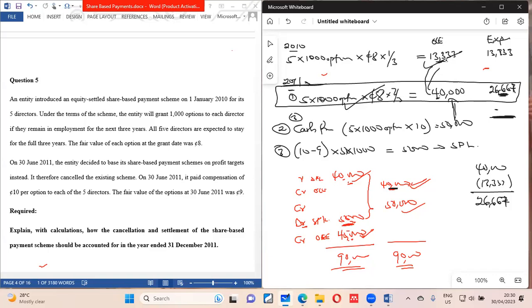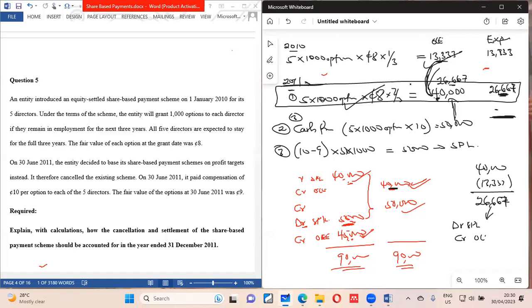But even with this OCE, you see the cancellation was done, so it won't accumulate to this one. It will be the same as the 26667. It won't be an accumulation because it's a cancellation. We ended it. So that is why I said, with this figure, you will debit your expense in the P&L and credit OCE with this 26667, because it won't accumulate. It was cancelled.